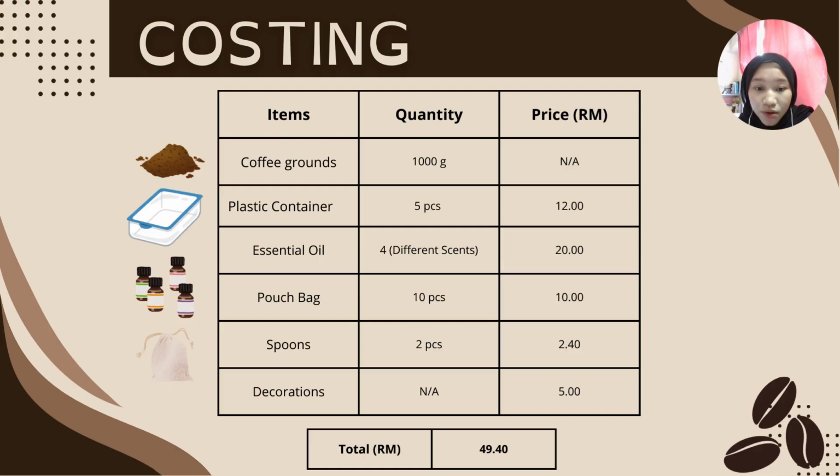We will use 10 pieces, around 10 ringgit, and spoons, 2 pieces, around 2.4 ringgit. The last one is decoration, for labels or additional decoration to make the product more attractive, which costs around 5 ringgit.